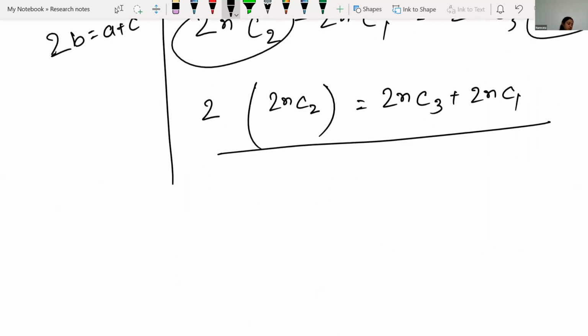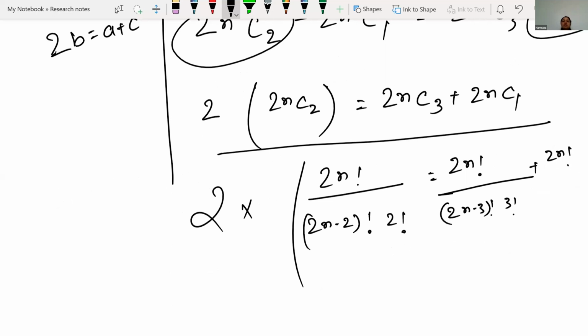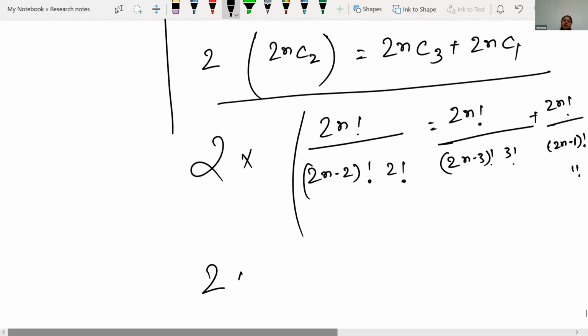Okay, let's solve it quickly. So 2 times 2n factorial by (2n minus 2) factorial, 2 factorial is equals to 2n factorial by (2n minus 3) factorial, 3 factorial, plus 2n factorial by (2n minus 1) factorial, 1 factorial, which will be only 2n, right? So basically we will be having 2 multiplied with, can we cancel out all the 2n's?